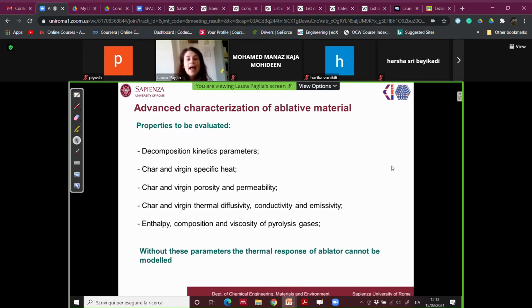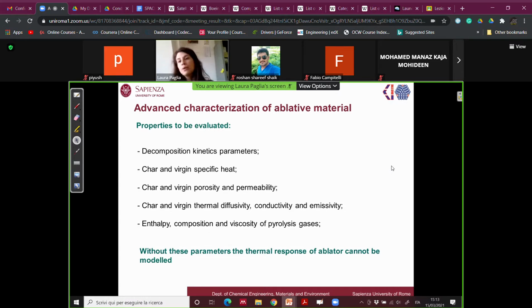Then, enthalpy, composition and viscosity of pyrolysis gases. These properties are also very important because thanks to them, we can understand the velocity of the recession of our material. This is important also to understand the impact of the blowing effect on our material.